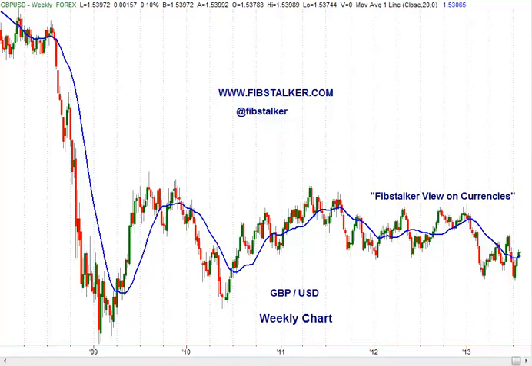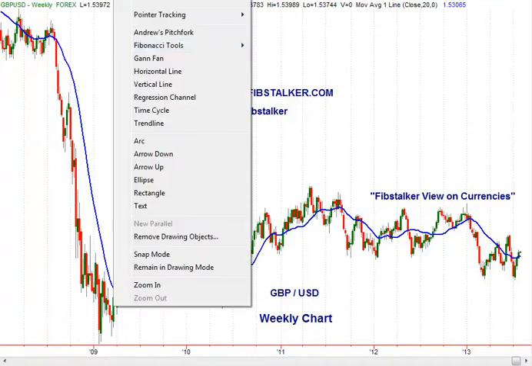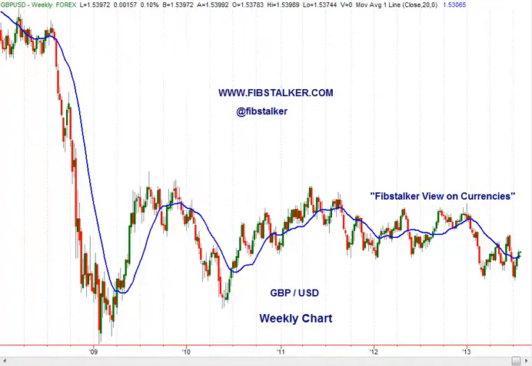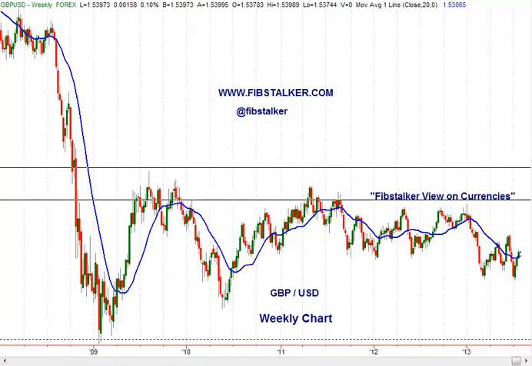What you see on the screen is the weekly chart of the pound. We know that there are some long-term resistance areas in this chart that were identified.